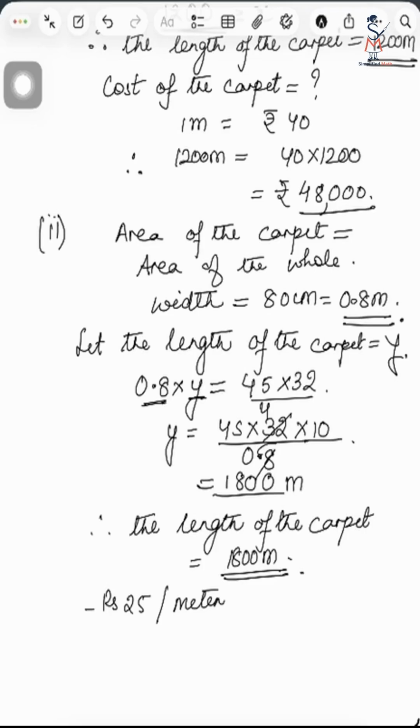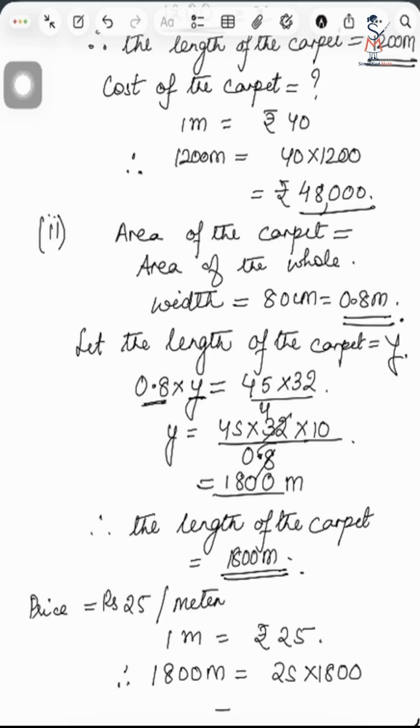So 1 meter costs you rupees 25. Therefore 1800 meter will cost you 25 into 1800, that is 45,000.